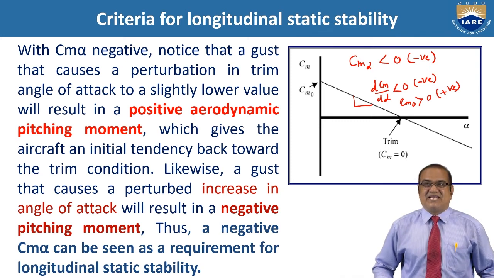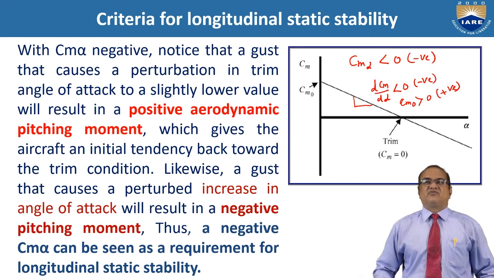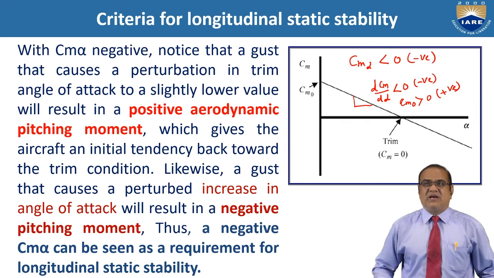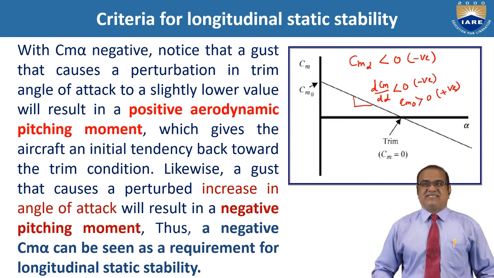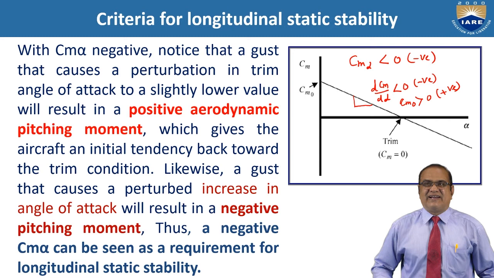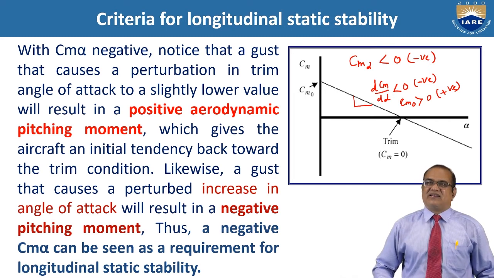So Cm delta A should be negative, dCm by d alpha should be negative, and Cm naught should be positive. So this is the first criteria. We have to meet these two criteria, that is dCm by d alpha less than 0 and Cm naught greater than 0. If we are able to meet these two criteria, we can fulfill the criteria for longitudinal static stability.